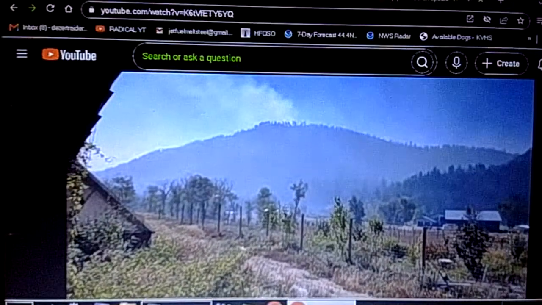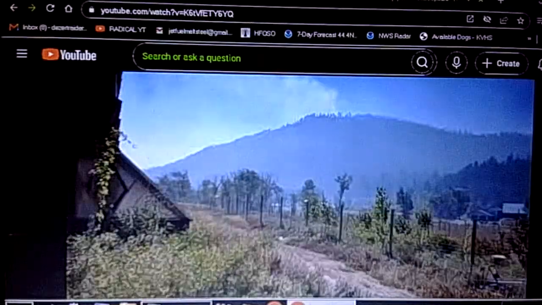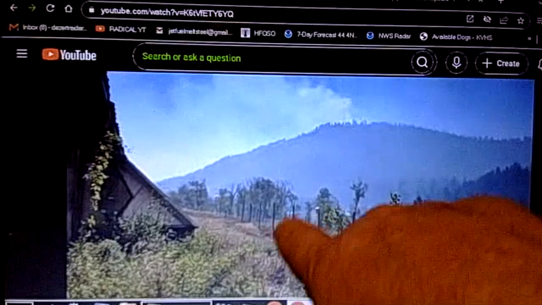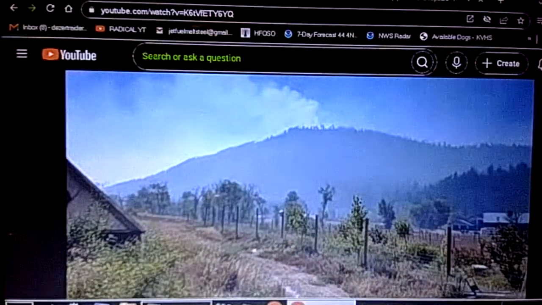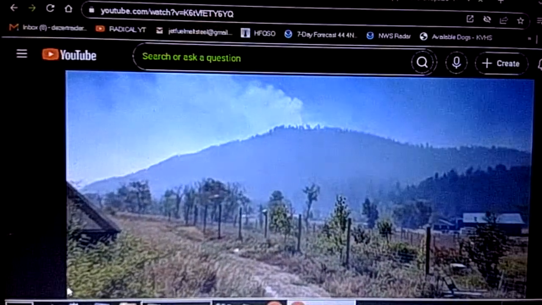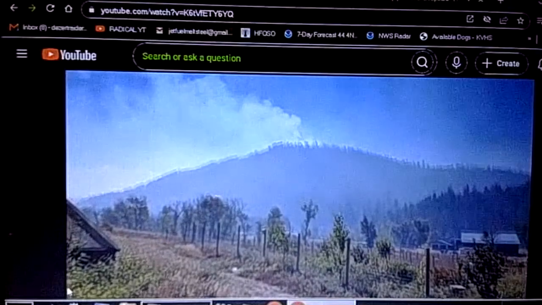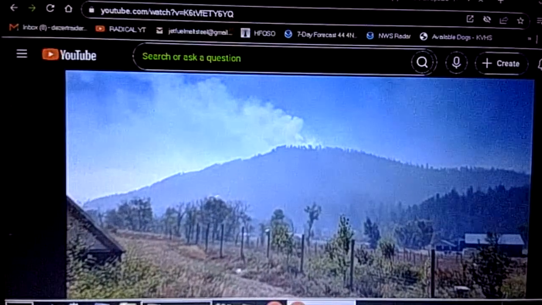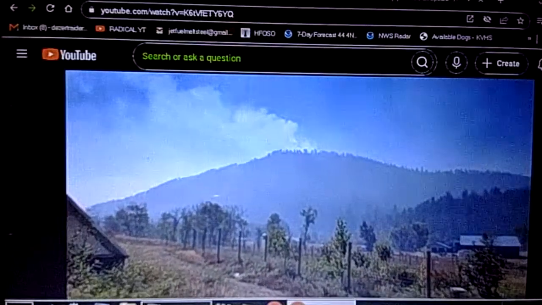But when we was in the Bitterroot, there was a hell of a lot more smoke than that. You'd have trouble seeing them trees right there. We were literally choking on it. But that's scary. I'm surprised they didn't have no air tankers.